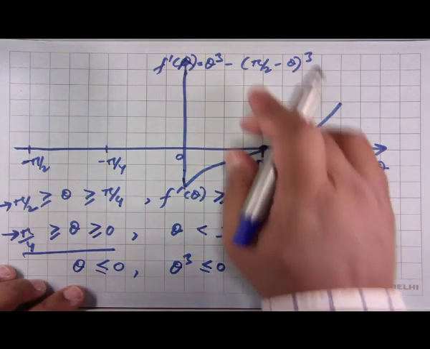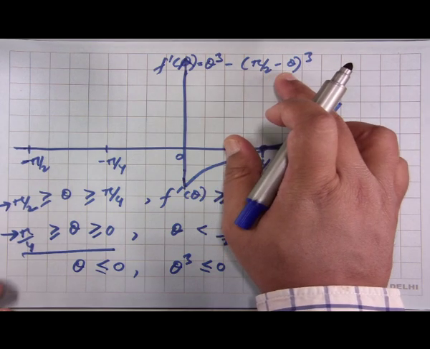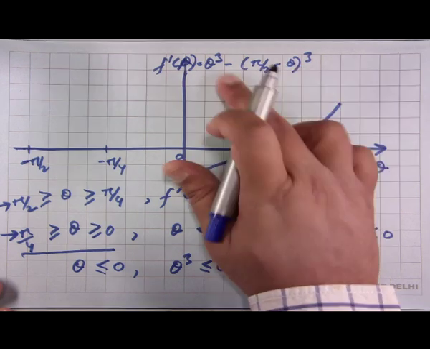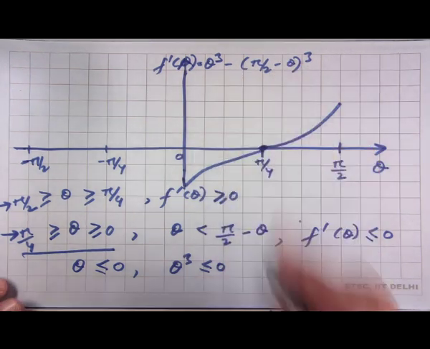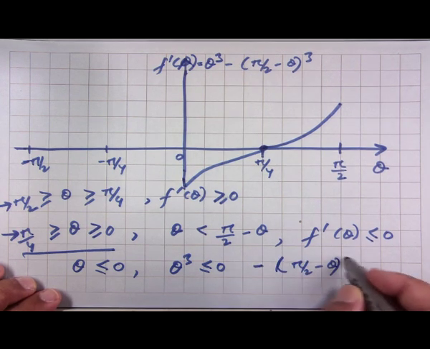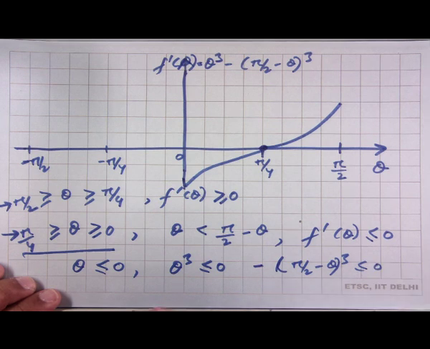Pi by 2 minus theta will be a positive value, and therefore pi by 2 minus theta cube will be positive, but because there is a negative sign here, minus of pi by 2 minus theta cube is also negative.